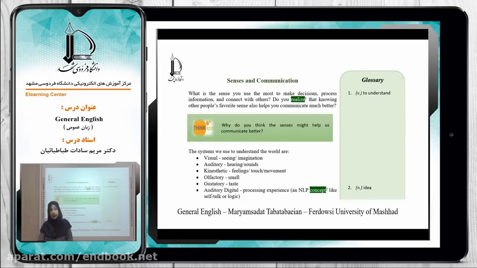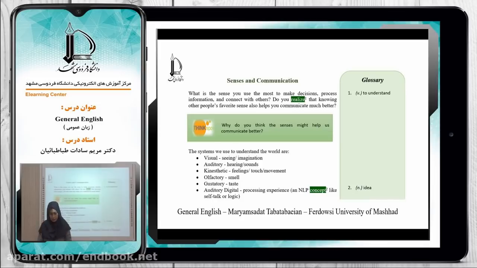So, in the beginning, the text asks about the sense you use most to make decisions, or to process information, or to communicate with others. Which sense do you use most to do these? And then it says that knowing other people's favorite sense helps you communicate better.